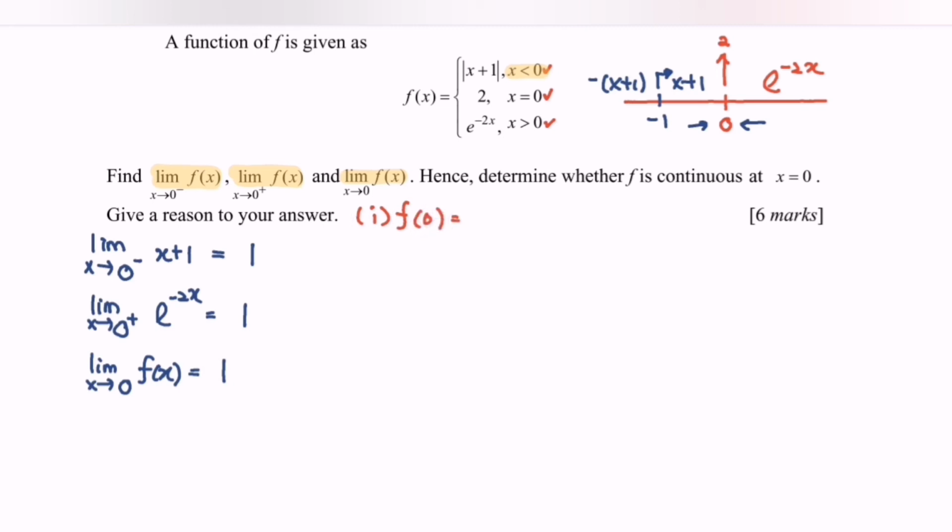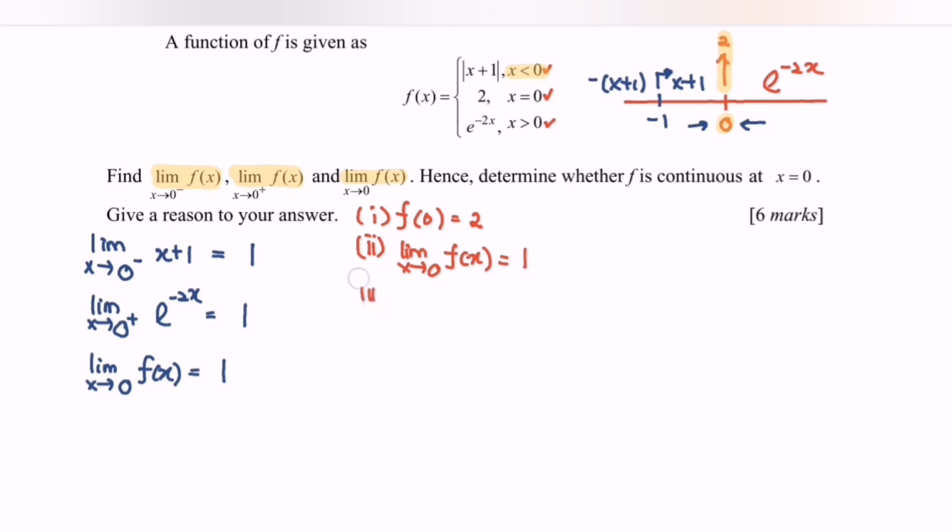By referring to the number line, when x equals 0, the function will be 2. So the answer is 2, and f(0) is defined. Second condition, the limit when x approaches 0 for the function f(x). For this case, the answer is approaching 1 and it exists.